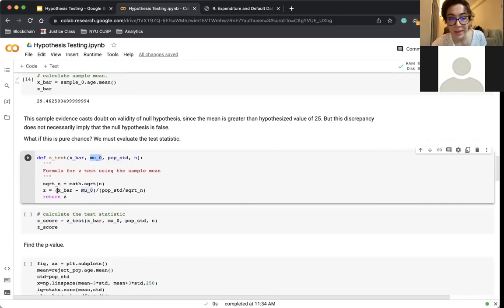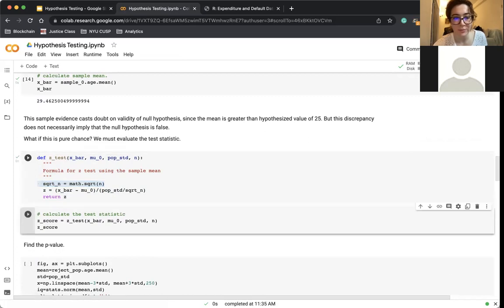So how far away is the average we found from the average we are testing for, divided by the population standard deviation and the square root of n. So I just broke that out, but that's the same formula from the slides.